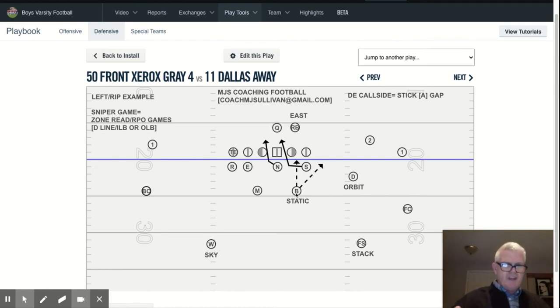And now the static technique being the same in that the inside linebacker is going to keep his outside foot hot, zit stepping as he reads the mesh. Now in this one, there's going to be zero contact with the tackle, so the inside linebacker has to be keenly aware as he reads the mesh. He sees through the tackle, who if the tackle is working up to him, we teach him, you play quarterback.